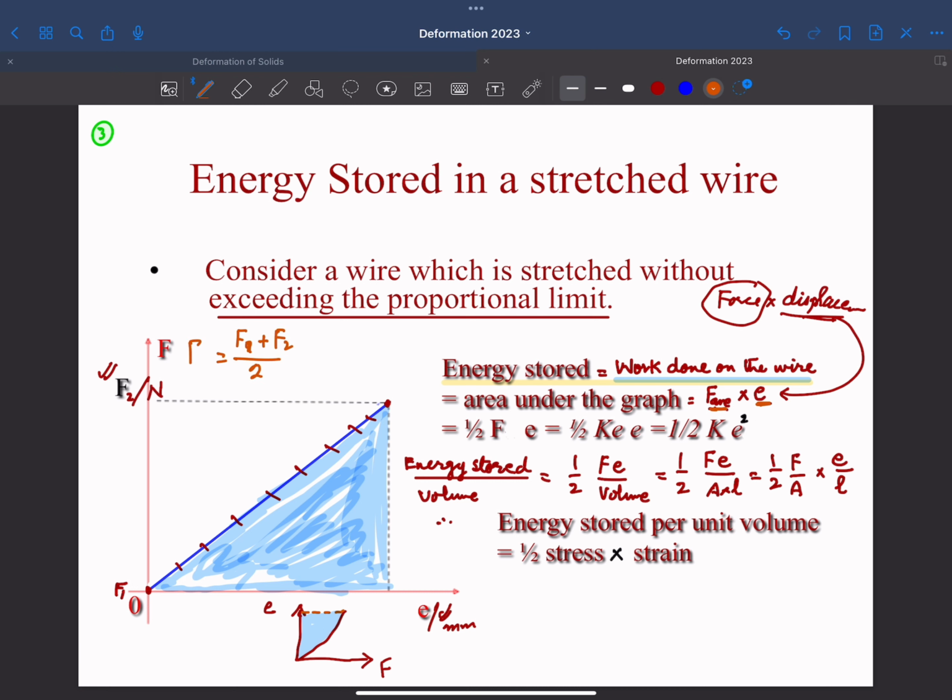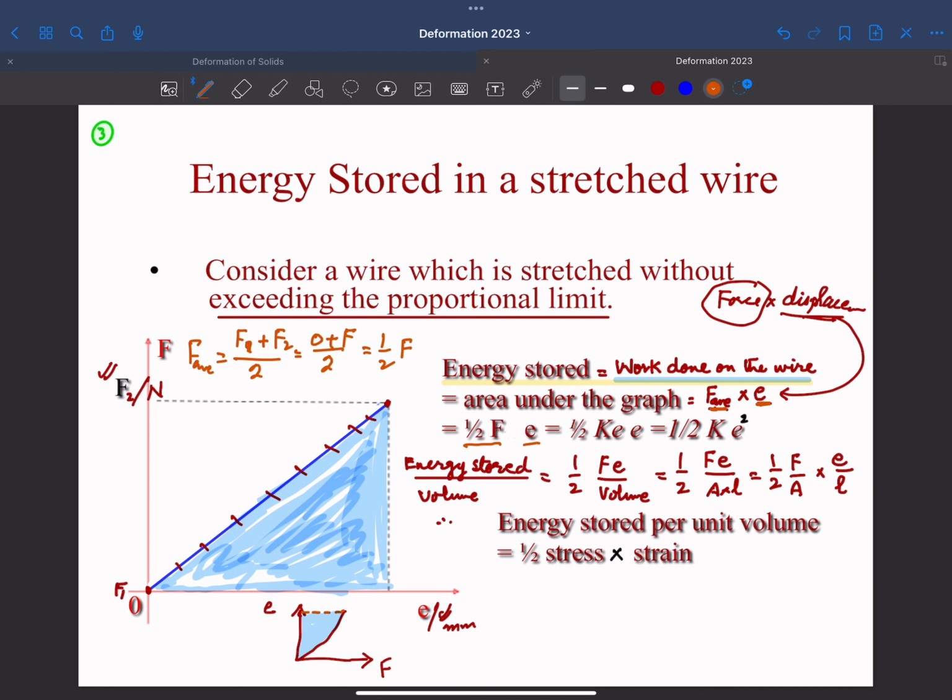As F1 is 0, we have (0 plus F) divided by 2, where F2 we are considering as F. So simply half F is the average force you are using here. So half F into E. Is it clear? This is very, very important, why we are taking half.